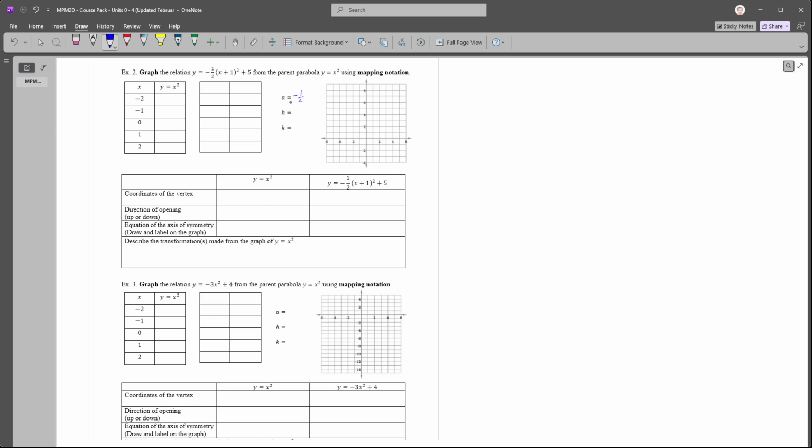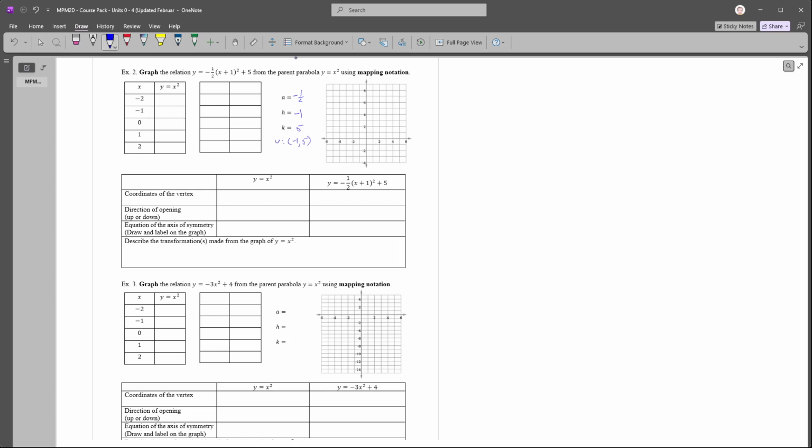And now what about our h? Our h is the value inside the brackets, which is a 1, and then the opposite sign, so negative 1. And our k is just the value on the outside, which is a 5. That means that our vertex is located at (negative 1, 5). We know that for a fact. So there's all the information we needed.